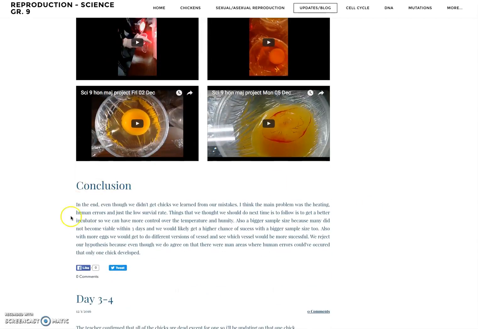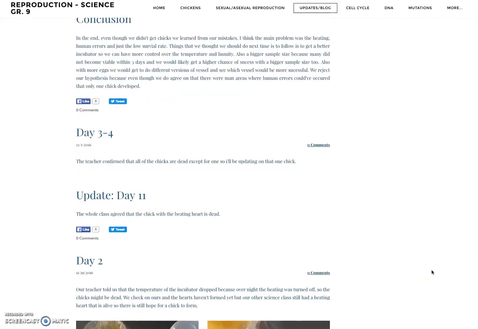Then at the bottom, down here is the conclusion, the conclusion of the experiment and what we could do better if we ever did this lab again.